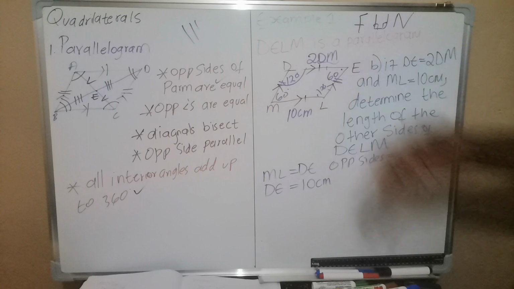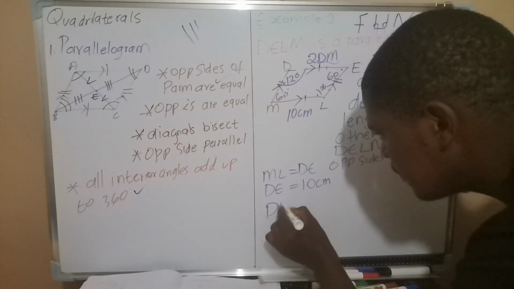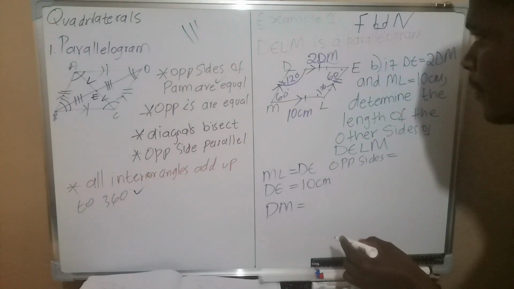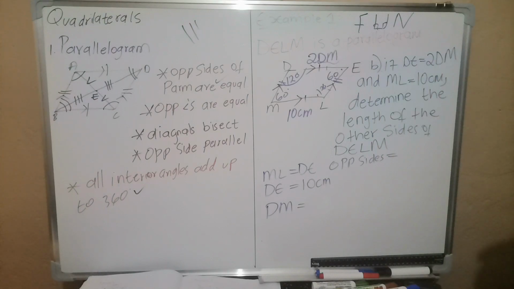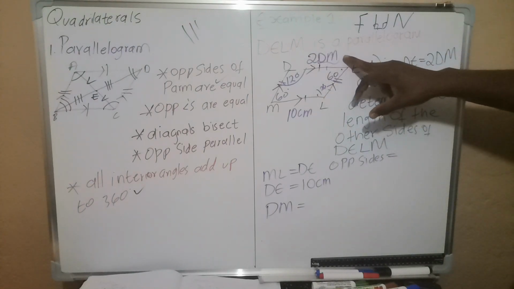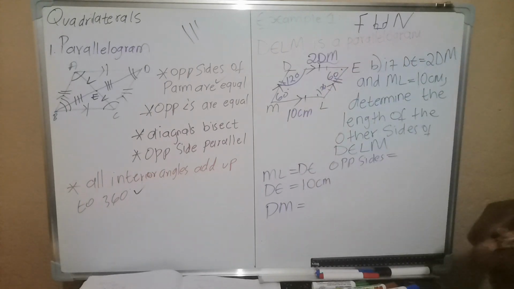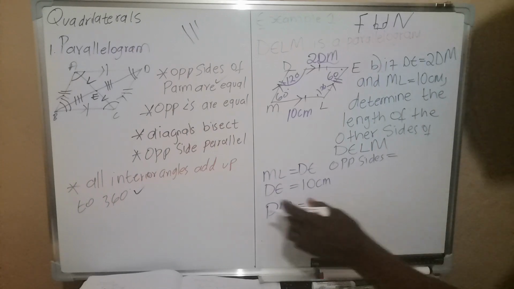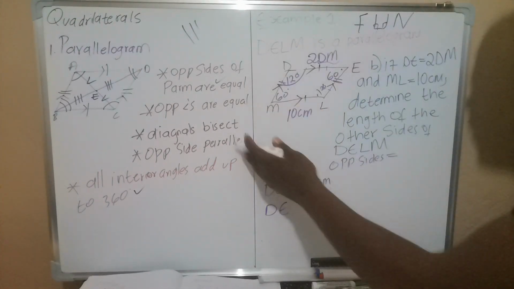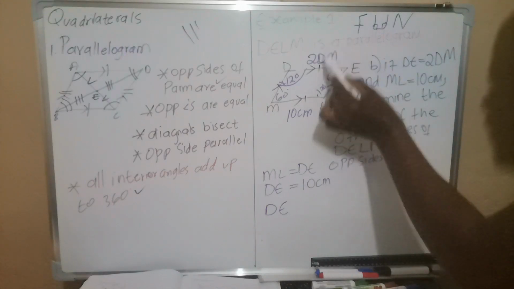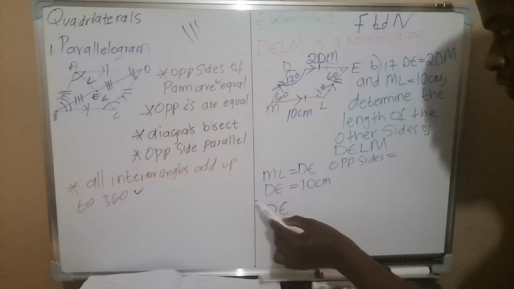Now let us find DM. ML is 10, and DE is equal to 2 times DM. We said DE is equal to 2 times DM, and already we have DE equal to 10.